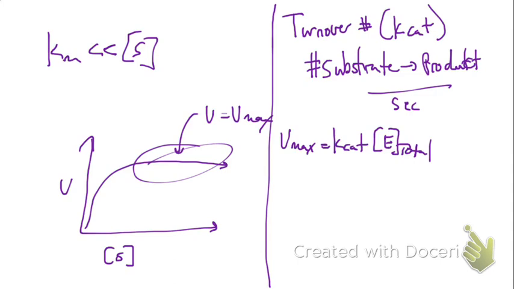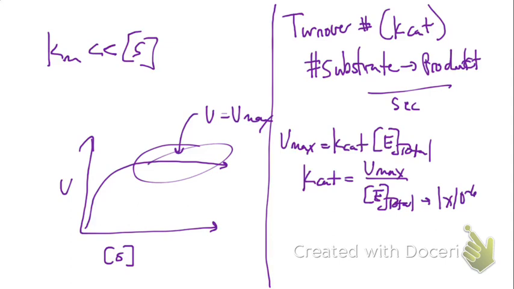And so let's solve for kcat. Kcat is equal to Vmax over enzyme total. Now, carbonic anhydrase. So we said carbonic anhydrase is a perfect enzyme. Its E total is 1 times 10 to the negative 6th molar.